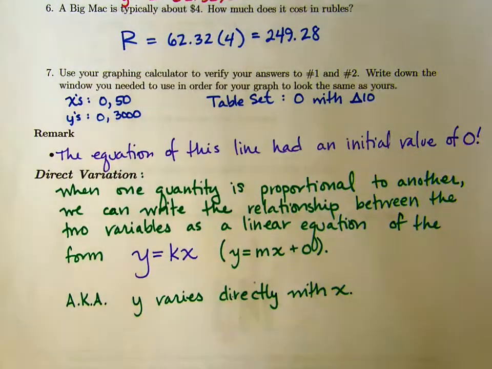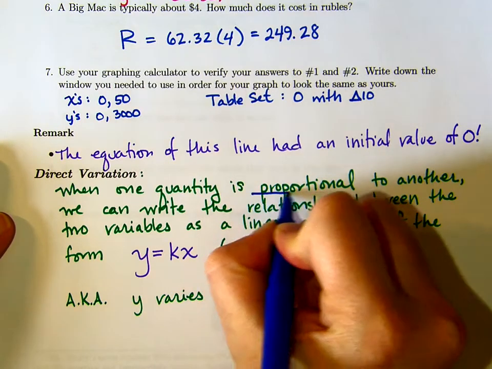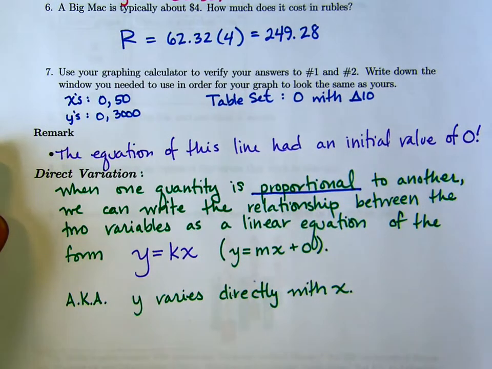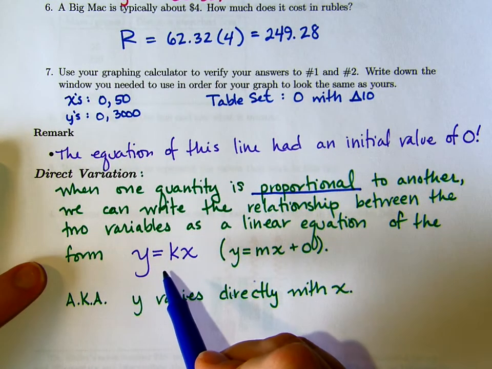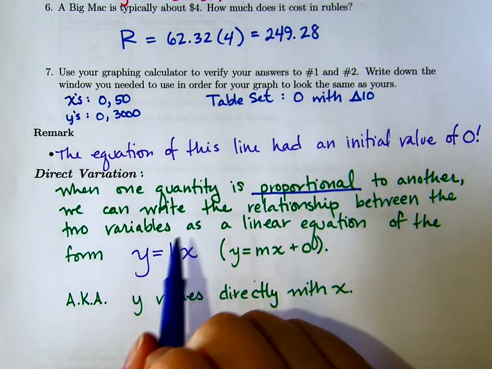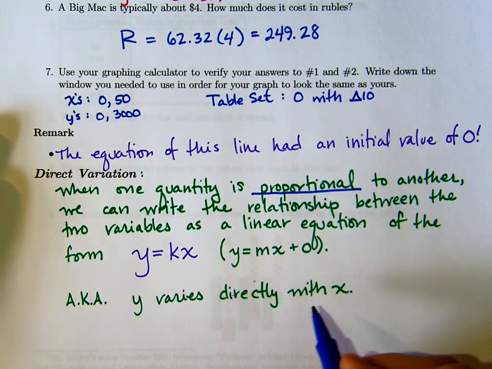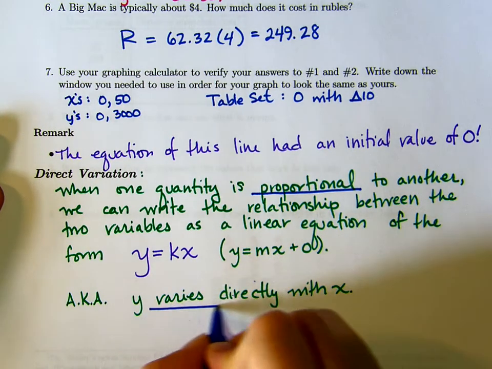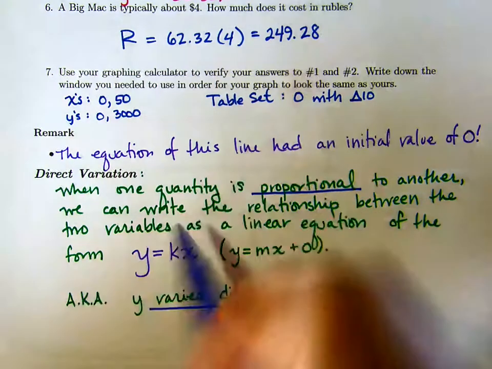If we see some of these phrases, if we see the phrase one quantity is proportional to another, then we know we can write it in this type of relationship or generalize it to this linear equation. If we hear the words one variable varies directly with another variable, again, that's the same as being proportional, and it can be written in this form.